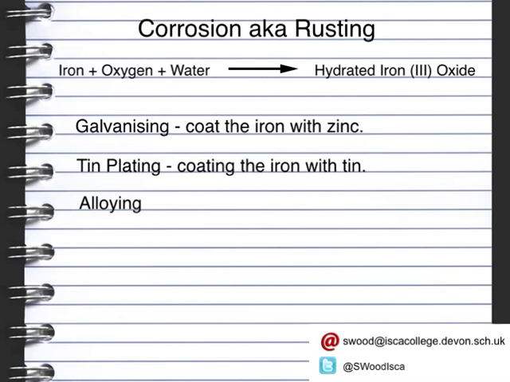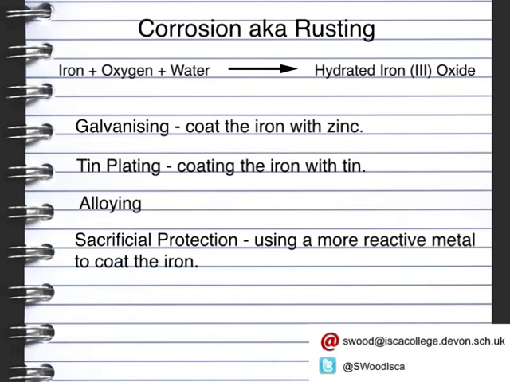Alloying, which just means adding more and more metals to the iron or steel to change the properties of them. And then finally, there's sacrificial protection, which is what the galvanizing is, where we use a more reactive metal such as magnesium or zinc. Now, that will cause the more reactive metal to lose electrons rather than the iron, so the iron is no longer rusting.